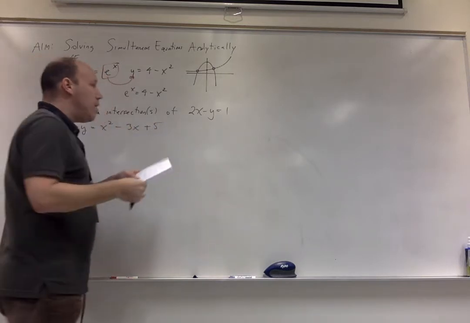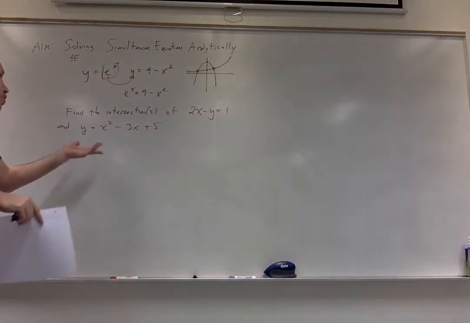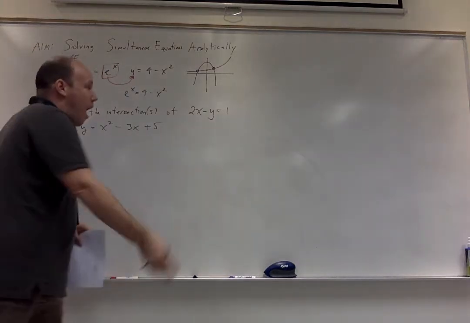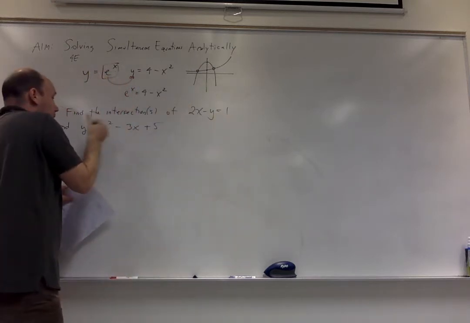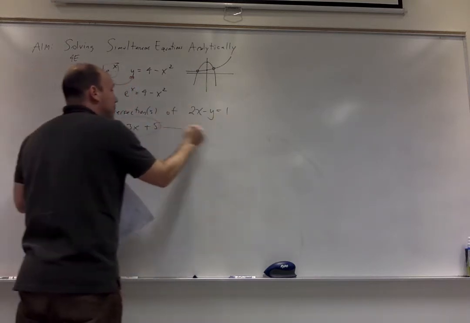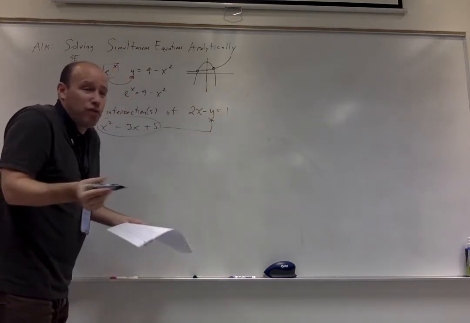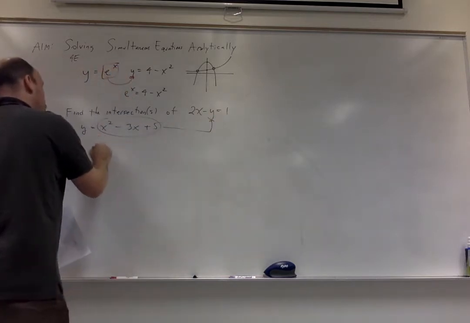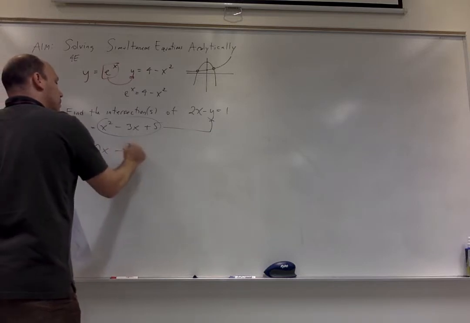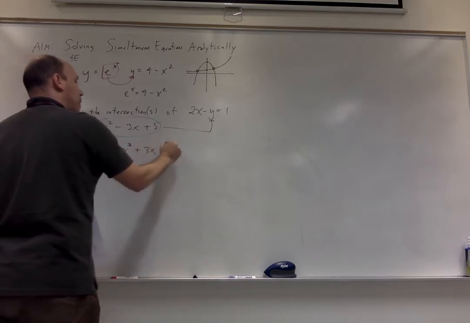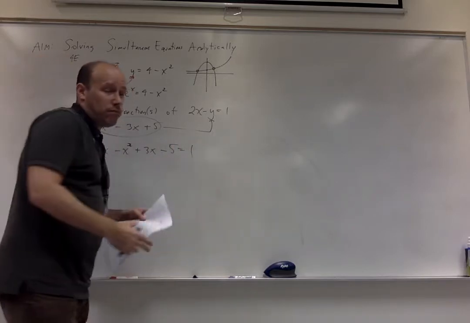And so your first thing might be to substitute, you have a couple of options. Either you can solve for y and stick it in there, or I can simply take this and stick it in there, right? And so my new equation is 2x minus x squared plus 3x minus 5 equals 1, right?